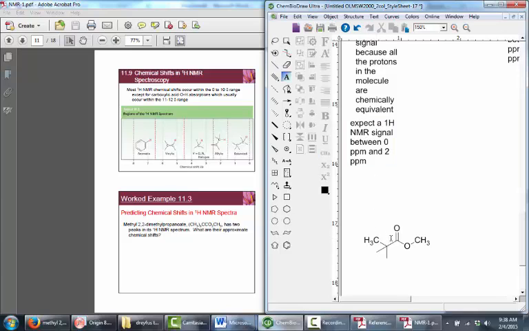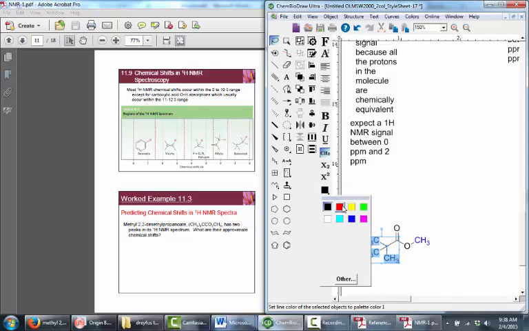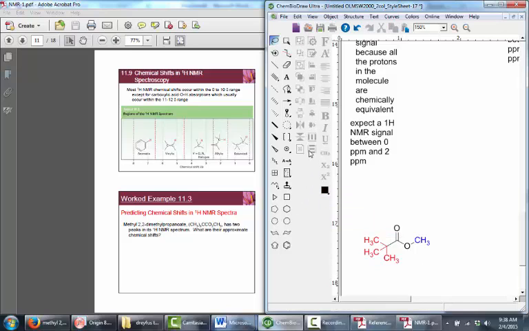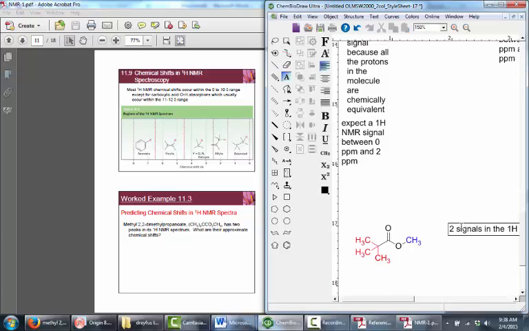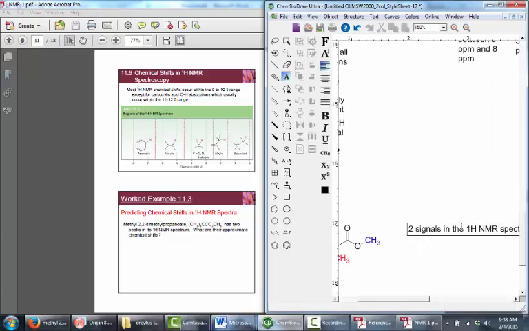Well, I'm actually going to see only 2 proton signals because these 3, hold on, these 3 are chemically equivalent, these blue guys, and these 9, so this t-butyl, these 9 are actually all chemically equivalent as well. So what I'm going to see are 2 signals in the proton NMR spectrum.